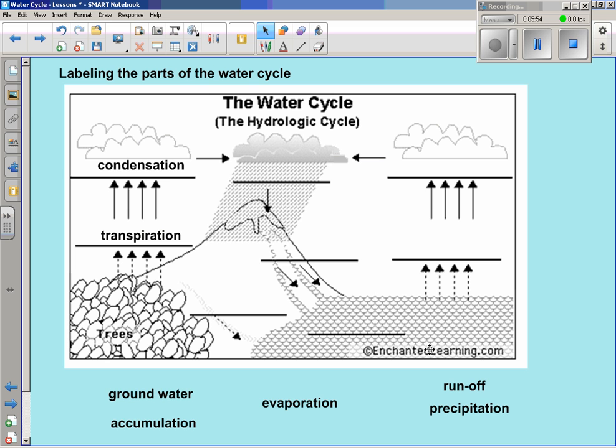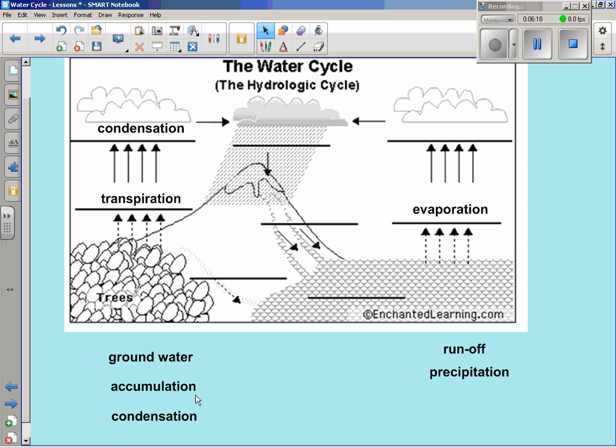If you look over here, you have an ocean, and whenever it accumulates and has a surface, then you can have evaporation. So here's evaporation, and that water vapor is rising up because it's going from a liquid to a gas. And as the water vapor continues to rise higher in the atmosphere, it cools down and condenses back to a liquid.